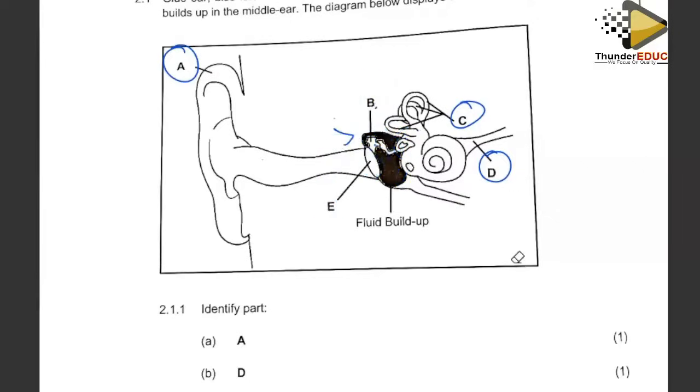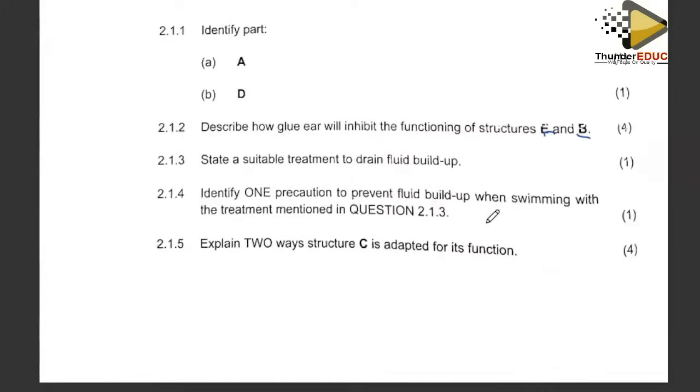Since there is too much fluid inside, too much fluid in here, like this black thing you see, the pressure is too much here. So how do I ease this pressure, this pain? By inserting what are called grommets. Visit our distinction material book. You'll be able to get this perfectly well.